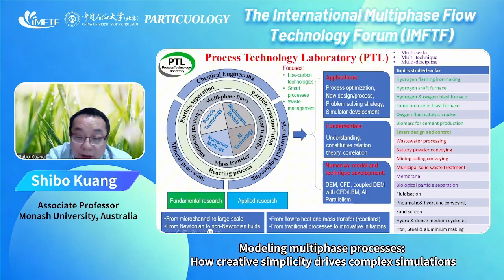Our research can be considered at three levels. At the first level, we focus on numerical model and technique development. At the second level, we use the models we developed to generate insights and formulate constitutive relations and correlations. The third level is about applications like process optimization, new design, and new process development. We also consider problem-solving strategy development and software development. Currently, our research priorities include low carbon technology, smart processes, and waste management.